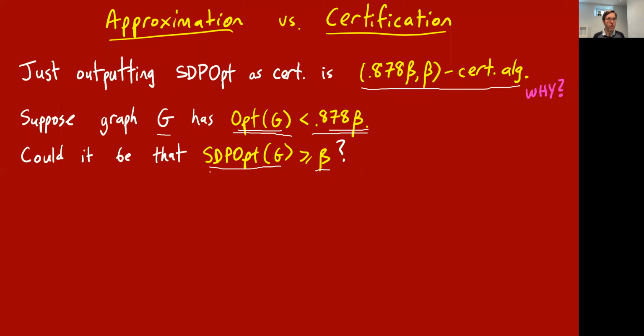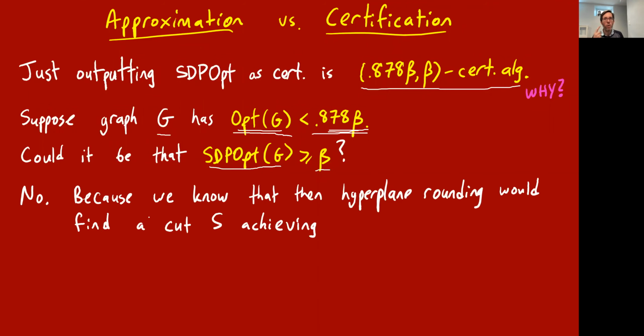So why is it true that if the true opt is less than 0.878 beta, the SDP opt will also be less, that it could not be at least beta? The reason is we happen to know the Goemans Williamson hyperplane rounding algorithm exists. And we know that the hyperplane rounding algorithm has the property that if the SDP opt is at least beta, it would find a cut achieving value at least 0.878 beta.